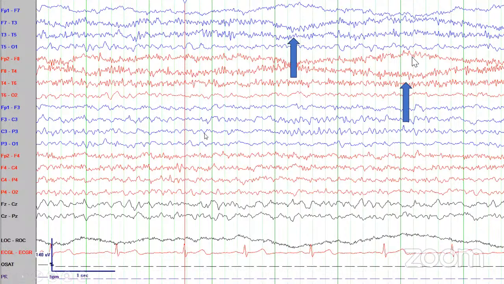Here, because on the right side this is apart, the eye is onto the right side. Here, the right-sided waves are opposed together, so the eye is onto the left side. So basically this is the left and right roving eye movement. So this person is in NREM.